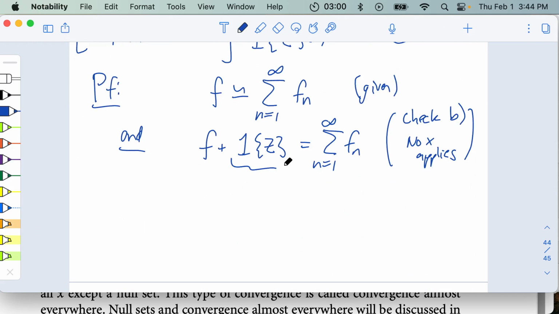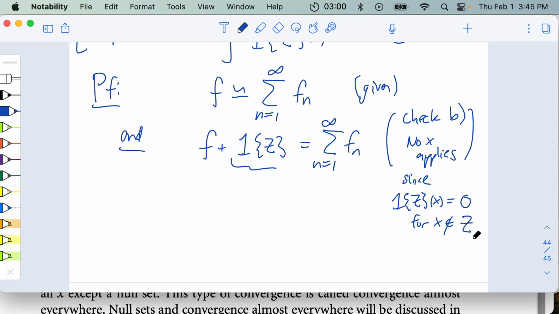They're still equal. It's a very silly, vacuous thing. And A has nothing to do with the left-hand side. So it's still true, since the indicator of Z at x equals 0 for x not in Z.